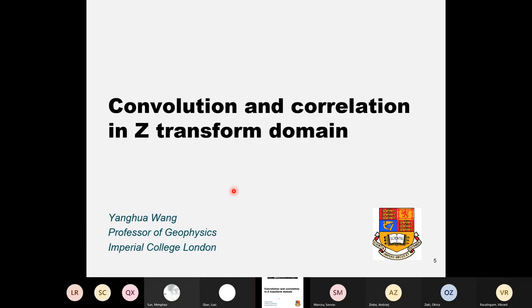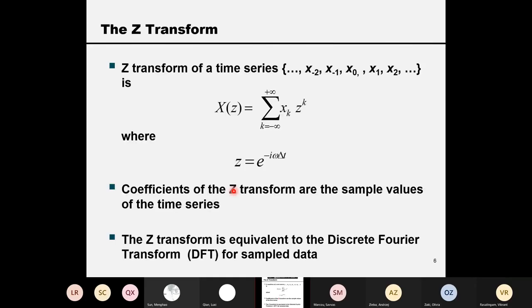Part 1, convolution and correlation in the Z transform domain. Recall that in the day 1, we introduced the Z transform. So for a time series, in this case, from negative infinity to positive infinity, I just need to emphasize, we call this series conventionally time series, right?